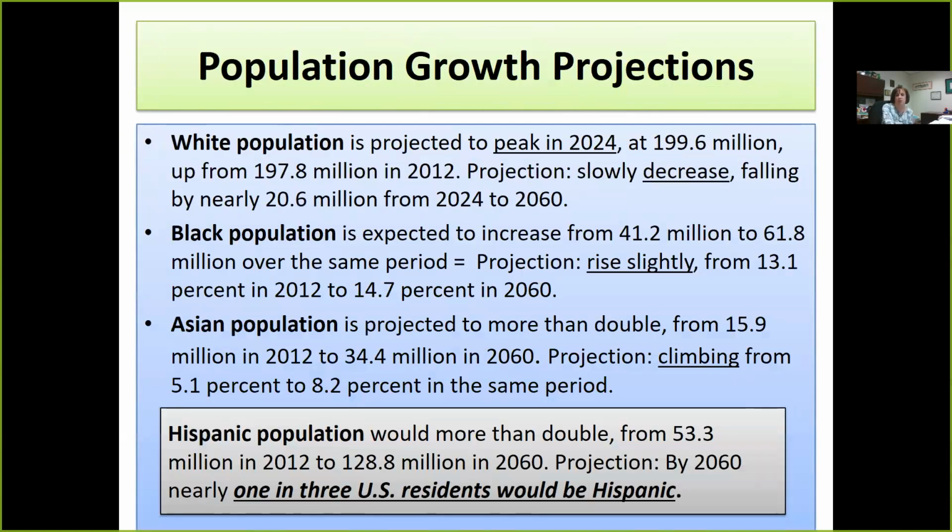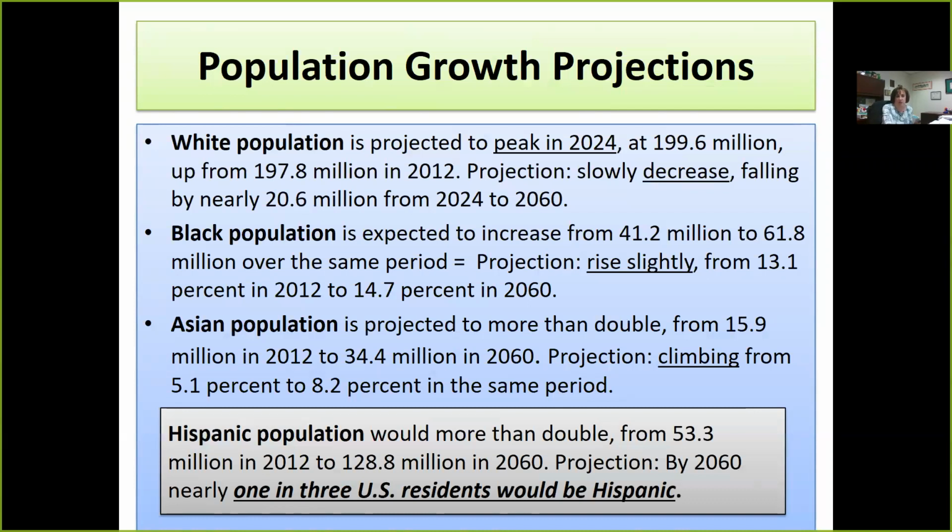So just some population growth projections. The white, or Caucasian, population is projected to peak in about 2024 at 199.6 million, up from about 197.8 million. They project that it will slowly decrease, falling by nearly 21 million people from 2024 to 2060.